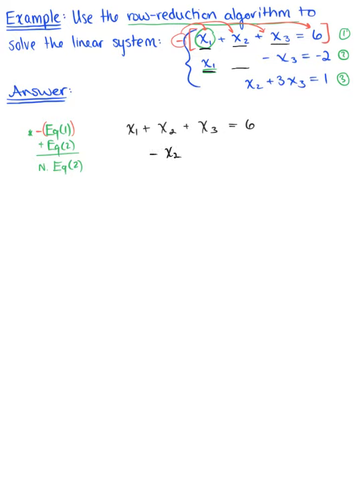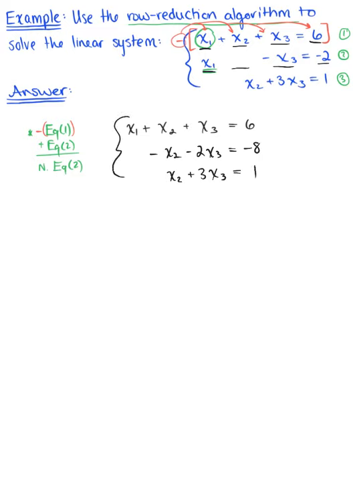We have a minus x sub 3 minus x sub 3 for a minus 2x sub 3. And that will be equal to minus 6 minus 2 for a minus 8. And then equation 3 is going to remain as it is. x sub 2 plus 3x sub 3 is equal to 1.